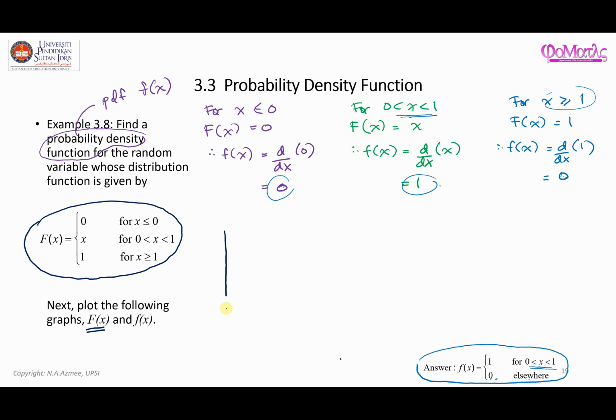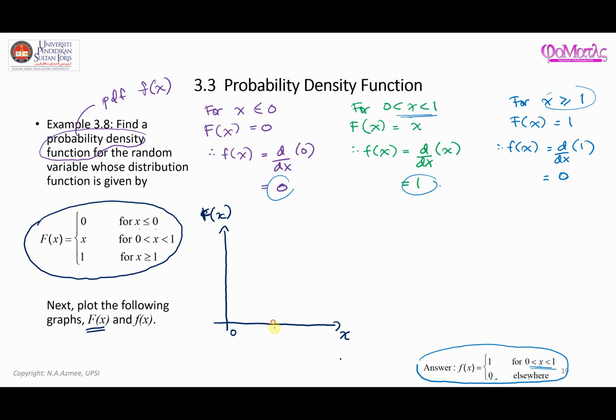Now I'm going to just consider this axis here. This is x, this is big F. We have the intervals for x: 0, between 0 and 1, and greater than 1.